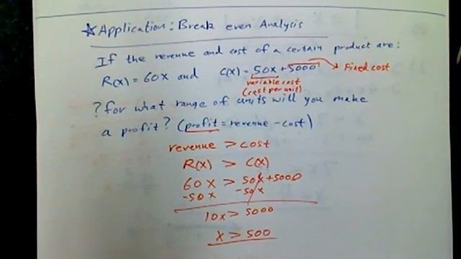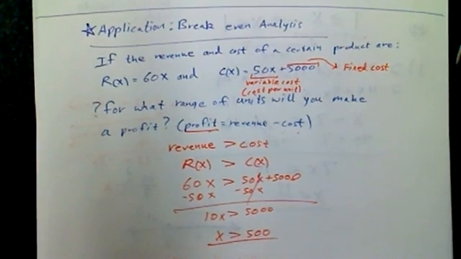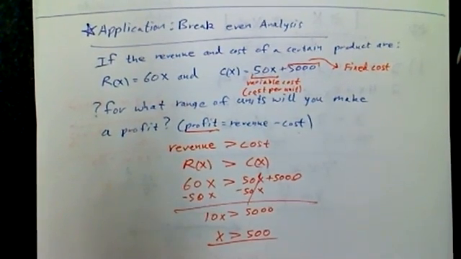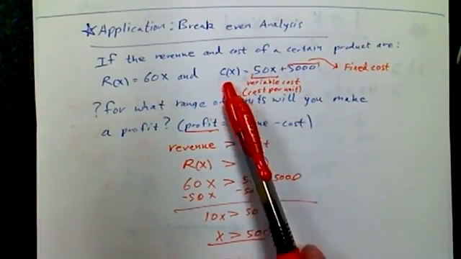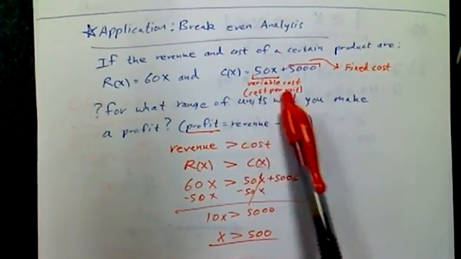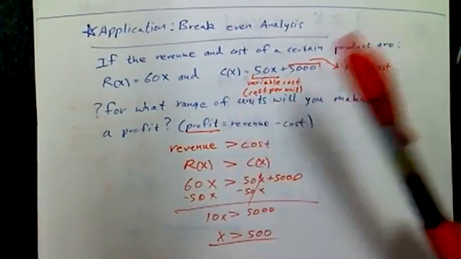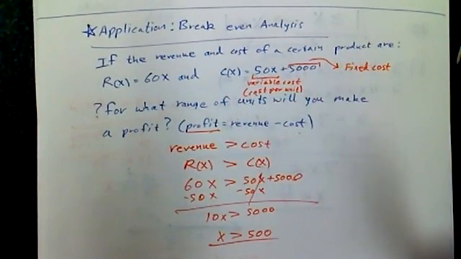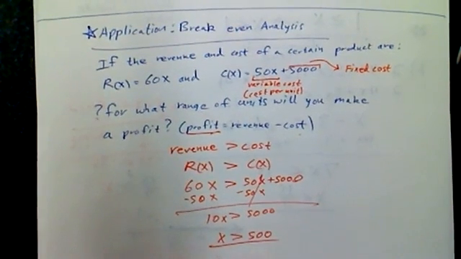So if you can't sell over 500 of whatever you're making in this hypothetical company, I wouldn't do it. Unless you're very confident. And you probably want to sell considerably more than that so you can pay yourself a fair amount. I'm assuming the variable cost is figuring in salaries for your workers, everything like that. So if you wanted to break even, 500 would be the magic number when revenue is equal to cost.